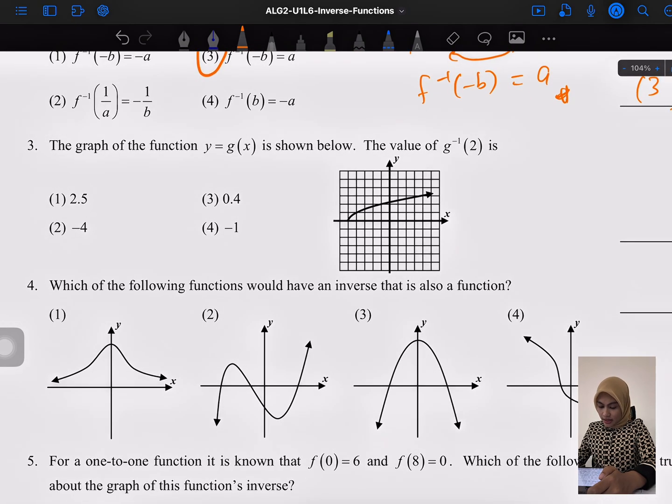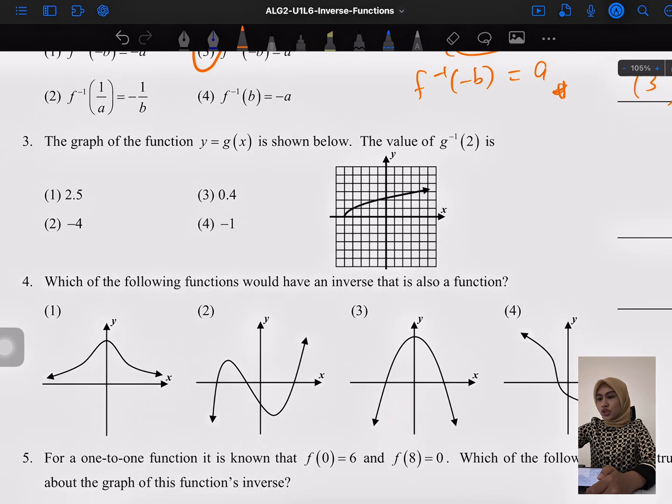Number 3, the graph of function y equals g(x) is shown below. The value of g inverse of 2 is... so now we are going to evaluate g inverse of 2. We must go to a y value of 2. If the question is g(2), we would go to the x value of 2 and then go up and read the value of y.